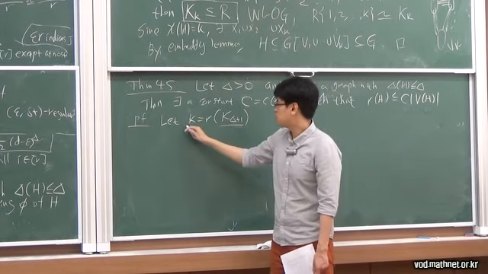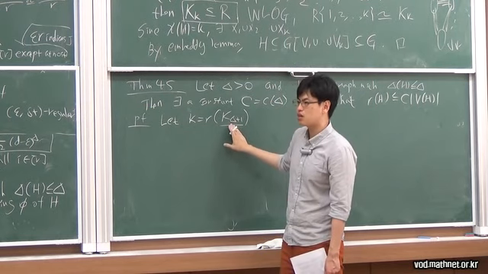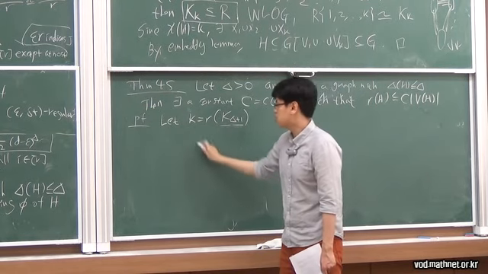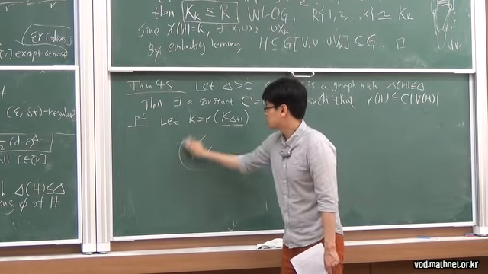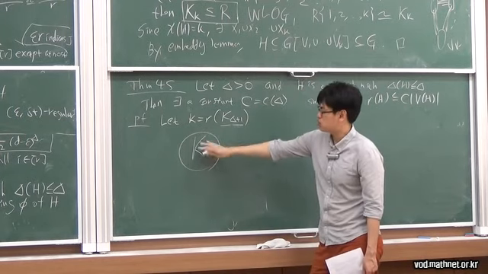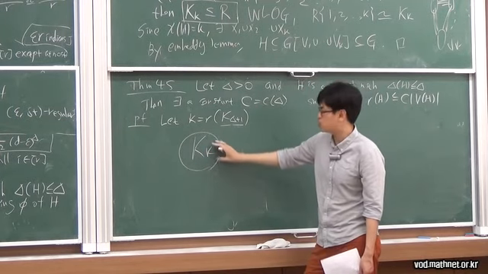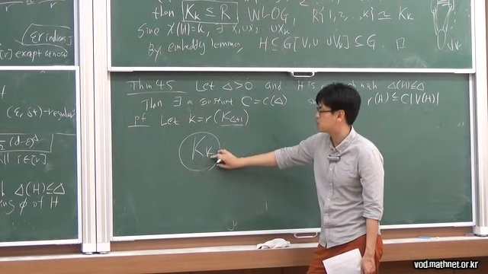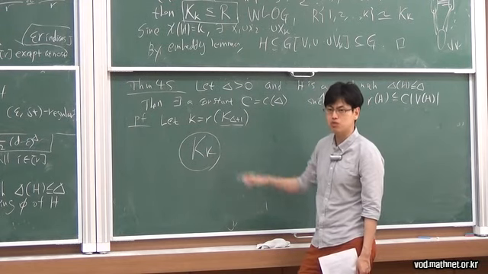So for that, to find the monochromatic copy, if we find the complete copy without knowing any colors, then we can always find the monochromatic copy inside of here. So that's the definition of the Ramsey number.